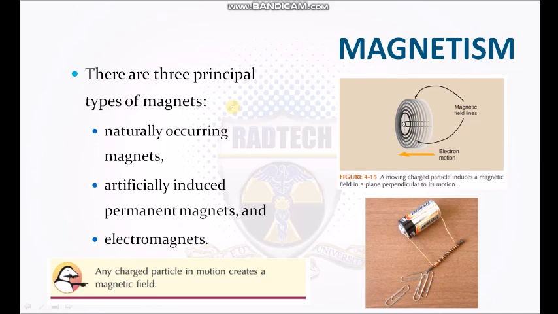Since it is rotating, it's moving, it has its natural magnetic field, which shields us from the rays of the sun. Some of the particles from the sun interact with the magnetic field of our Earth, and there is a disruption in the magnetic field.